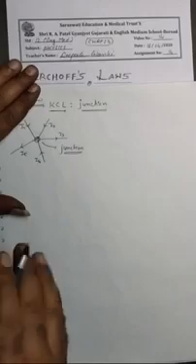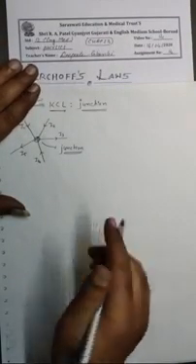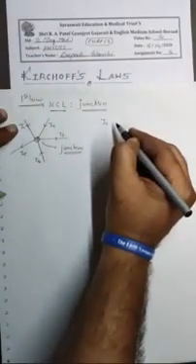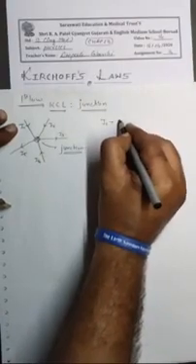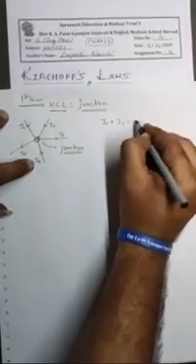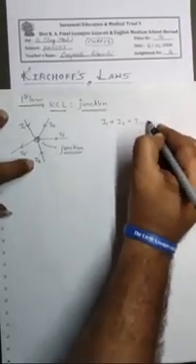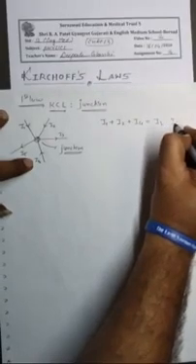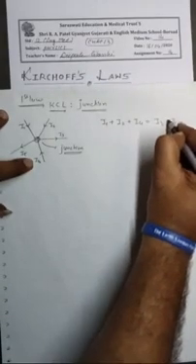So what does it mean? Let us say, from the figure electric currents are entering, that is I1 plus I2 plus I4. They are entering a junction, but I3 and I5 are coming out from the junction.